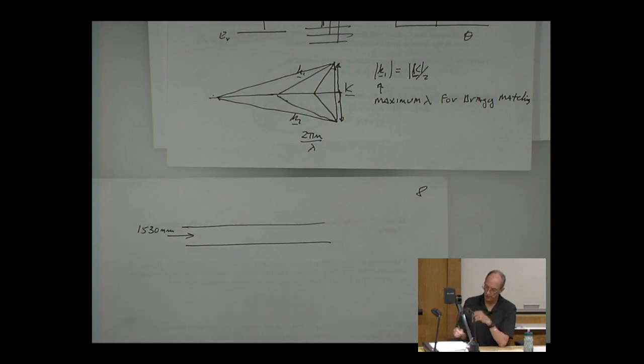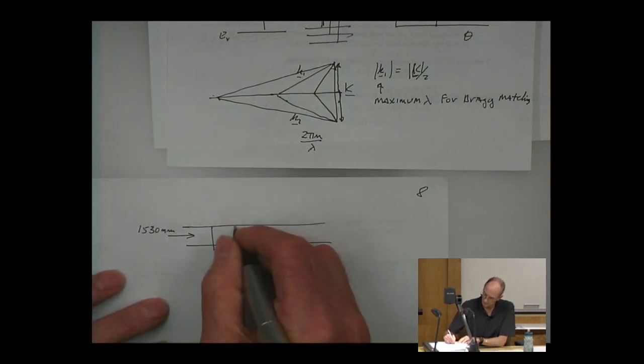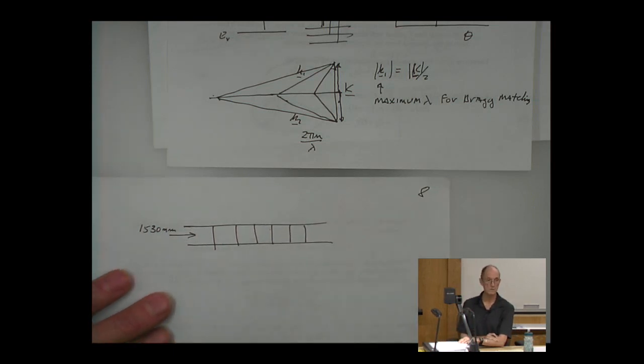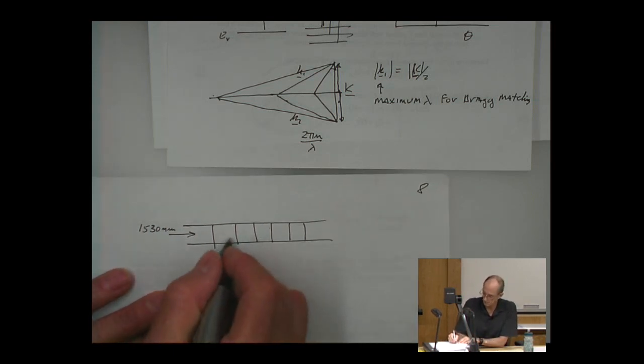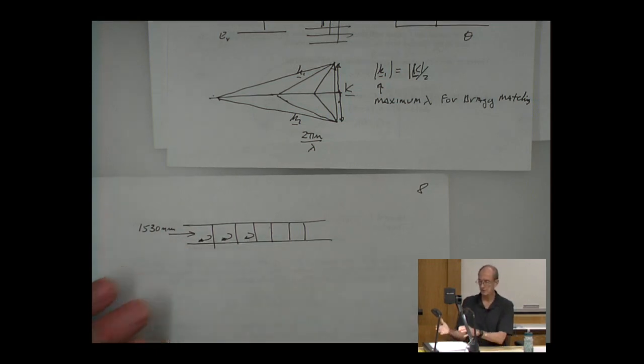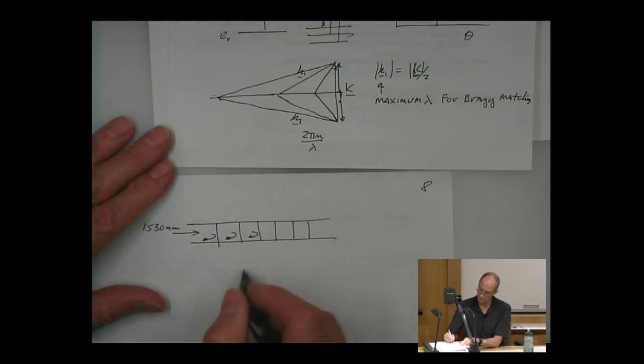The fiber Bragg grating is really a reflection grating, like so, and you're going to get a nice Bragg reflection off that. So you're actually trying to solve this problem.